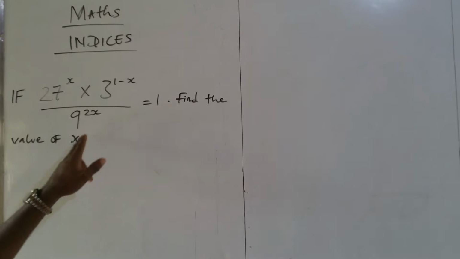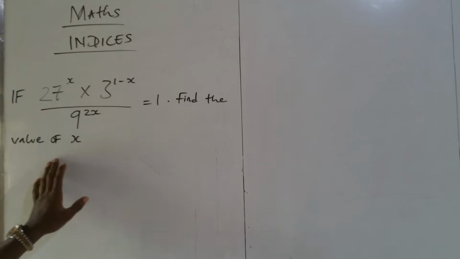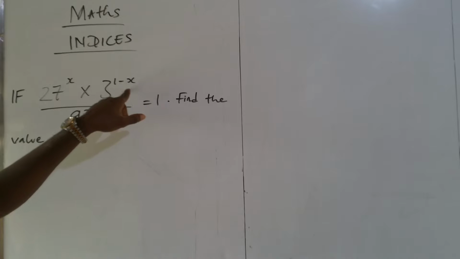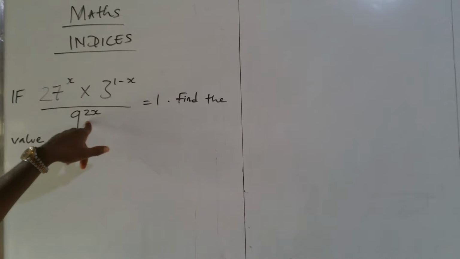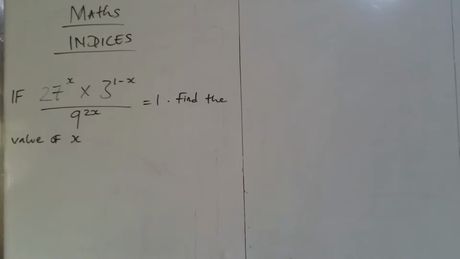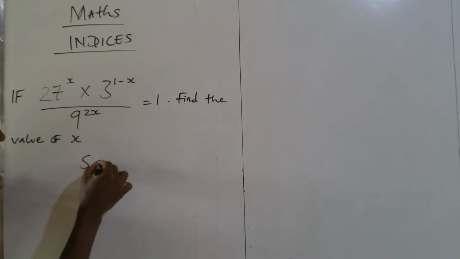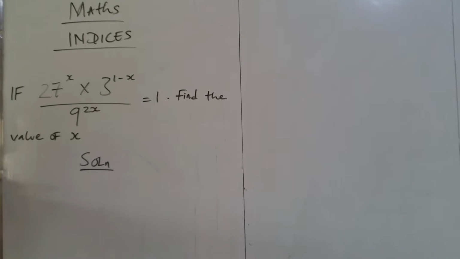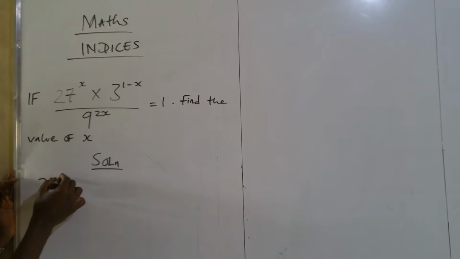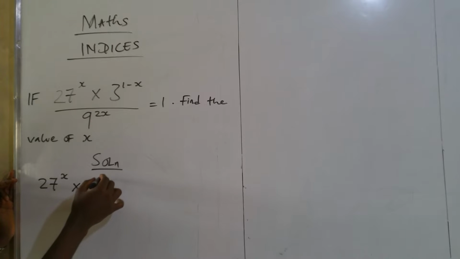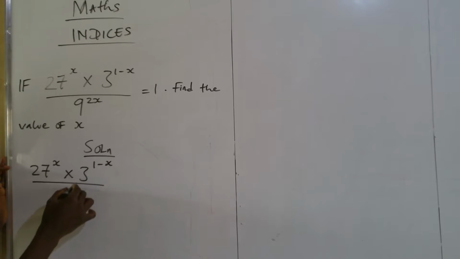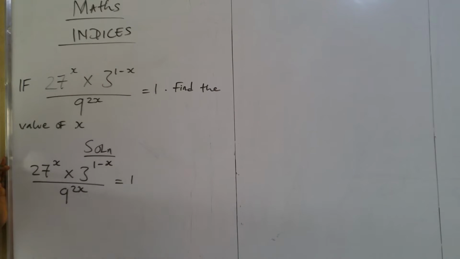They say we should find S. So watch me as I find the S. It says if 27 raised to the power S times 3 raised to the power 1 minus S all over 9 raised to the power 2S equals 1, find the value of S. So, solution: 27 raised to the power S times 3 raised to the power 1 minus S all over 9 raised to the power 2S equals 1.